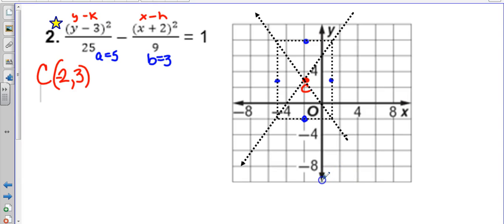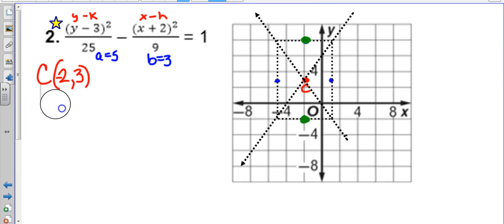Which way do I draw this time? Okay, the y is first. It's positive. So these are my vertices here and here. Those were up and down from the center. How much? Up and down 5 from the center.